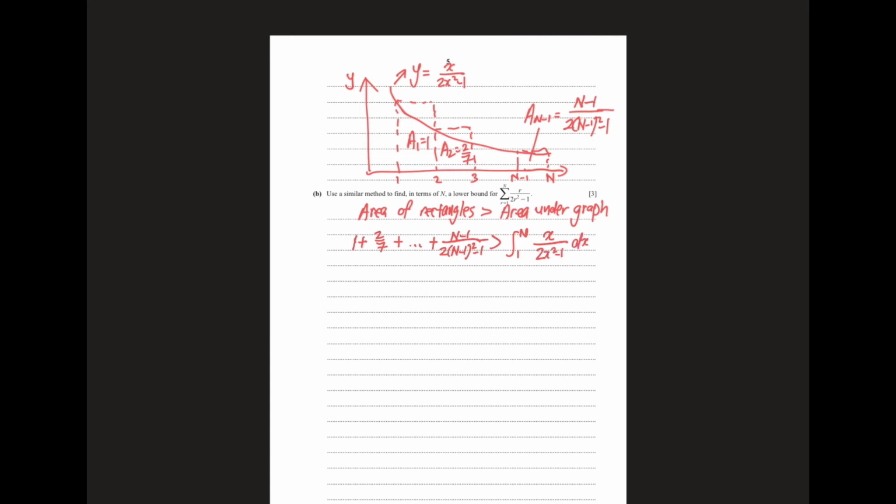Now, for the series on the left, let's put it in the summation symbol. So we are going to take r from 1 until n minus 1 for this case, and then r over 2r squared minus 1. On the right hand side, it is the integration. So we can just refer back to the previous results and put the result here straight away.